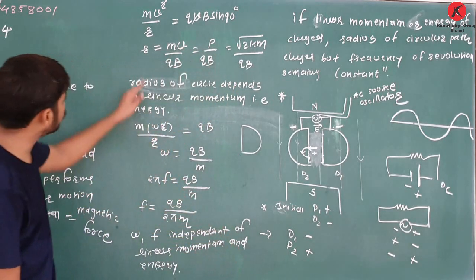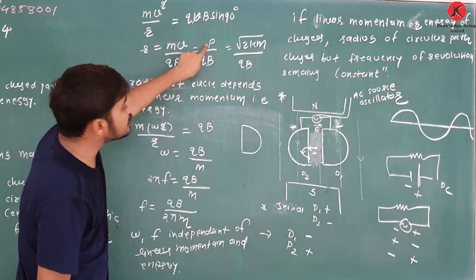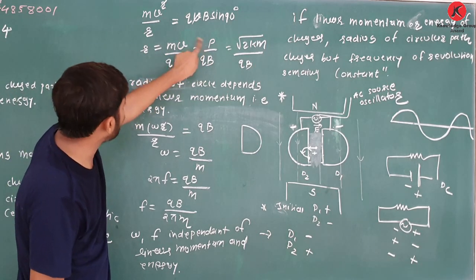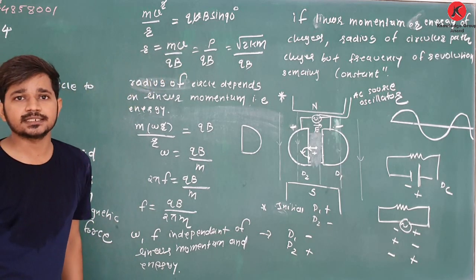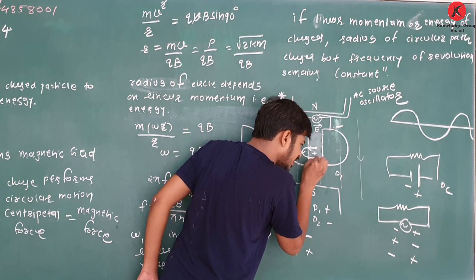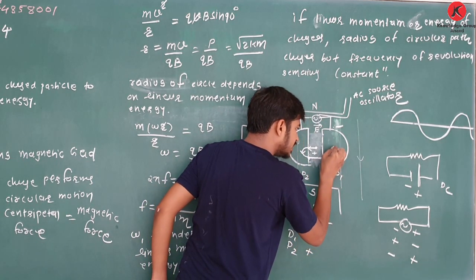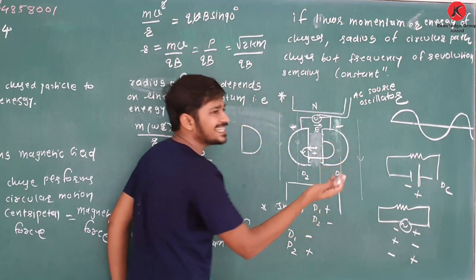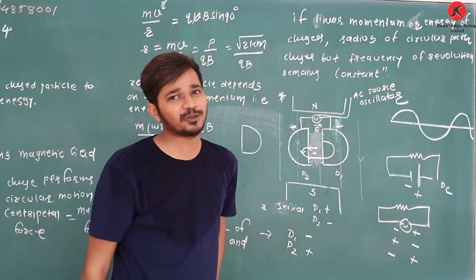Yes, directly proportional. See, R is equal to P upon QB. As linear momentum increases, because its speed increases, its radius increases. Again, due to the electric field, it is accelerated, its energy increases, linear momentum increases, so radius increases. In this D, there is no electric field, only magnetic field, so it will perform circular motion.